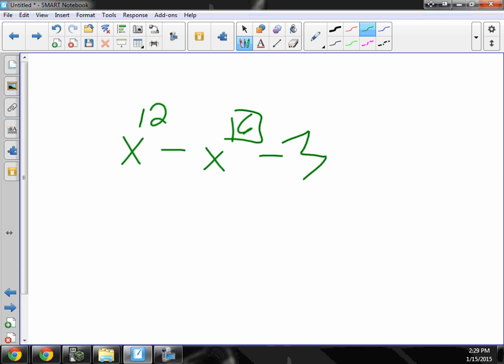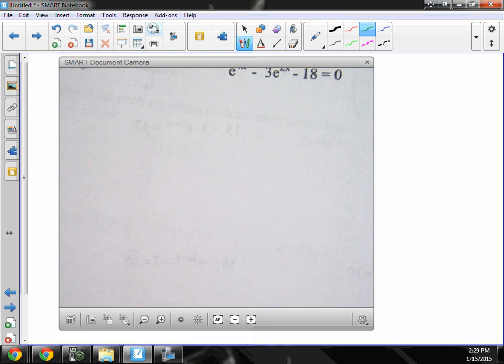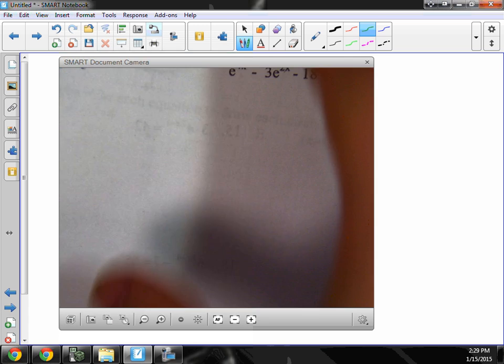It would have to be a 6. So in theory, if we have a trinomial where the first exponent is double the second exponent, we can pretend it's a quadratic and solve it. Okay? That one actually didn't work, but whatever.